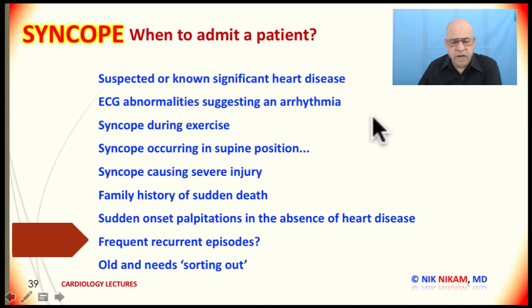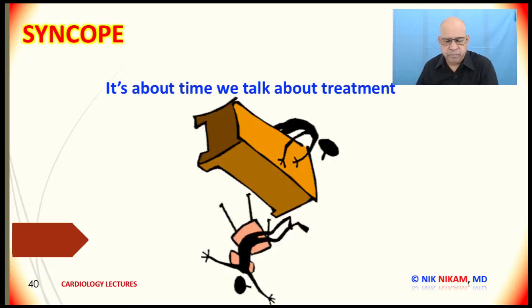These patients need to be admitted and evaluated, especially syncope happening during a sporting event. Syncope occurring in a supine position, that's unusual, so that needs further investigation. Syncope causing severe injury, family history of sudden death, or if the patient complains of palpitations or recurrent episodes of syncope. All these are indications that these patients need to be admitted to the hospital, observed, and further testing done.